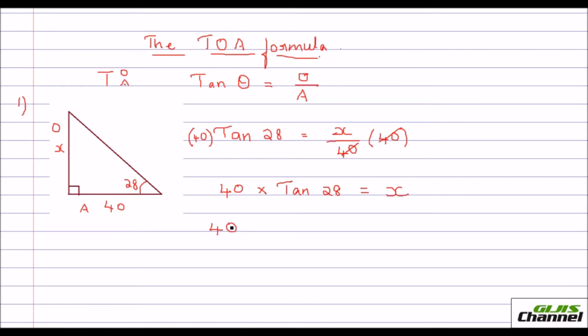Now you need to find the value of tan 28. You can use a calculator, and before that make sure your calculator is in degree mode. When you press tan 28 you get a value, 0.5317, which I have already rounded off to 4 decimal places.